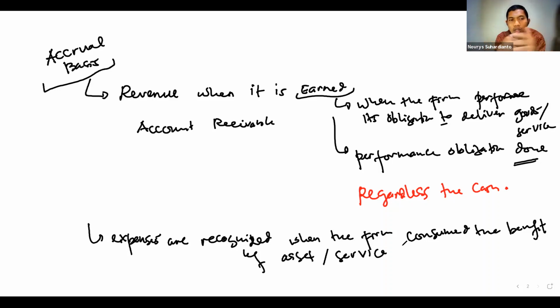This is what we call the accrual basis. So in the accrual basis, revenue and expenses are recorded when they occur.